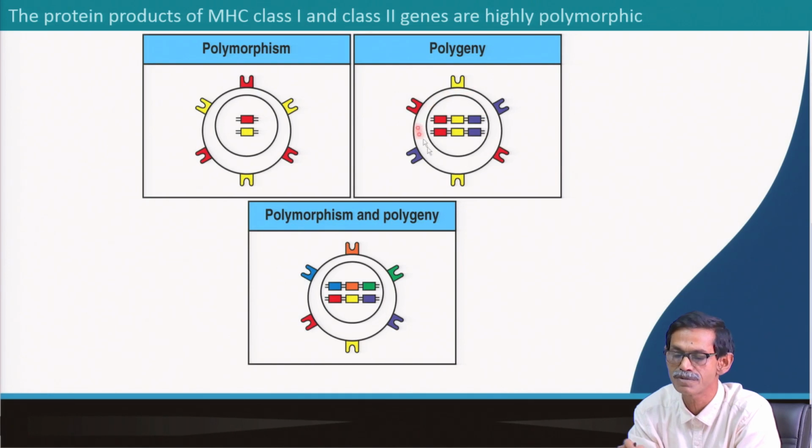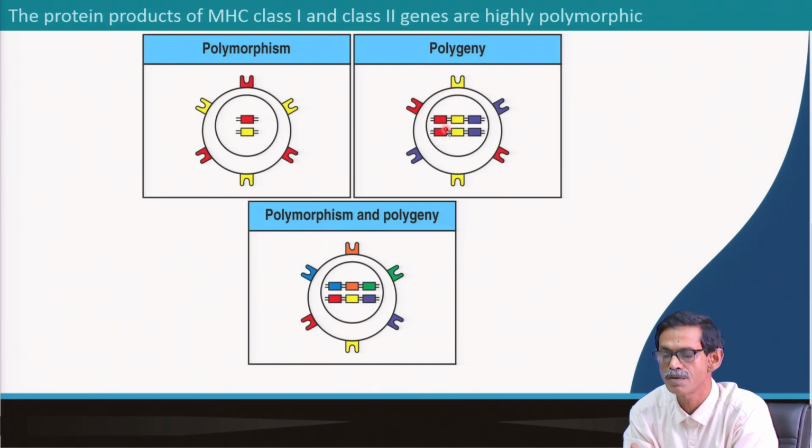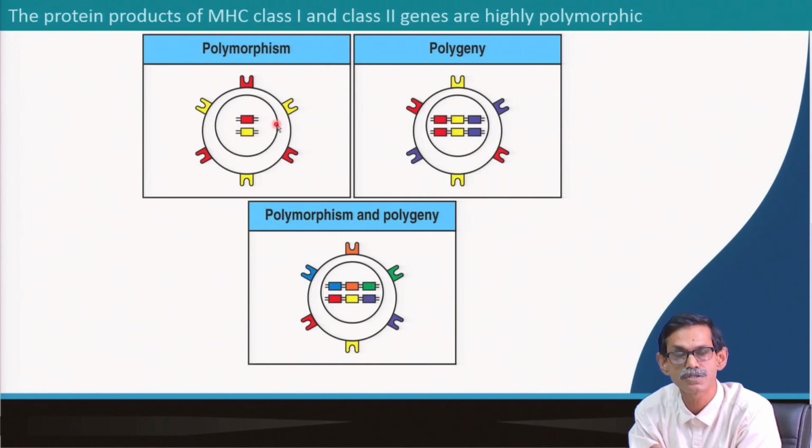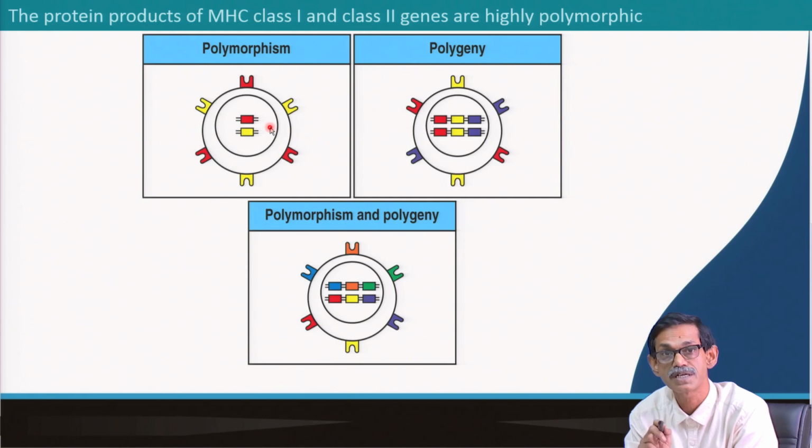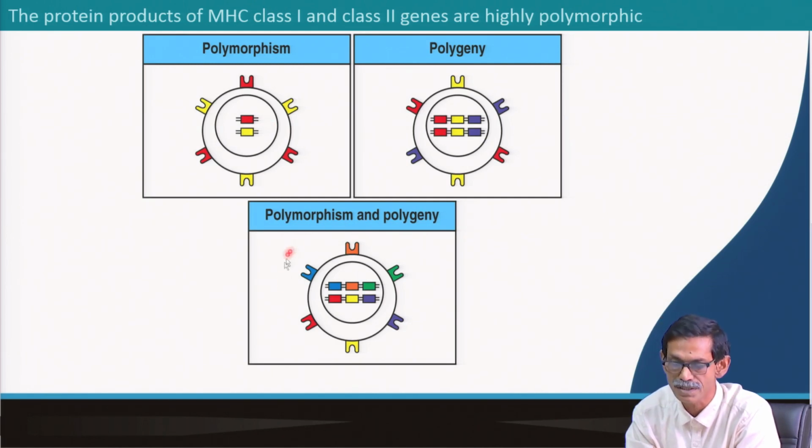I am talking about any polygenic gene: say one gene with multiple copies, one is red, yellow and violet, they are very similar, maybe with a little difference, but their alleles are same. This is common in living systems; polymorphism is also common, and in many cases we see polymorphism. But in case of MHC, it is both.